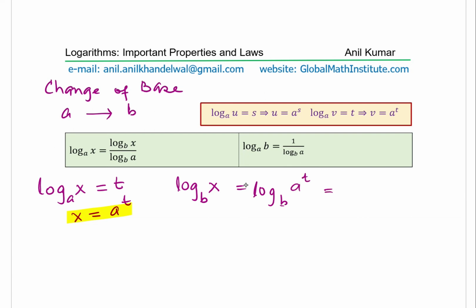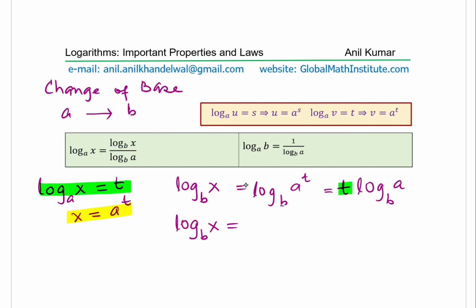Now that really means that I could write this as t times log to the base b of a, right? So we have written log to the base b of x as t times. And what is t? Well, the value of t can be substituted from here.